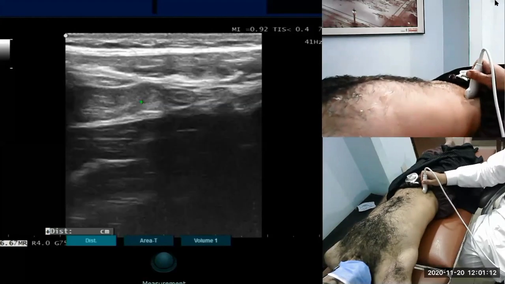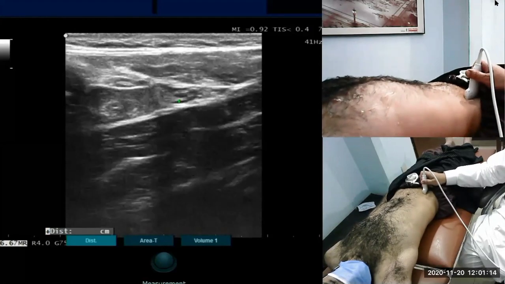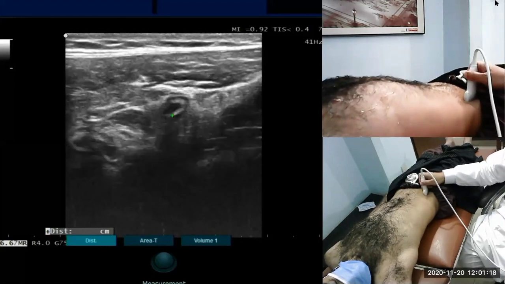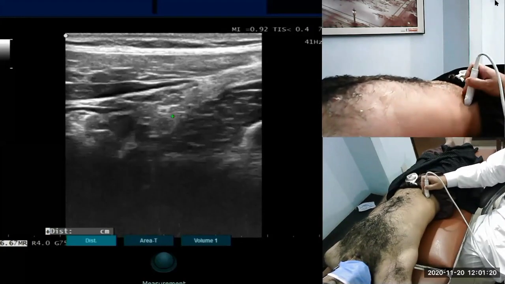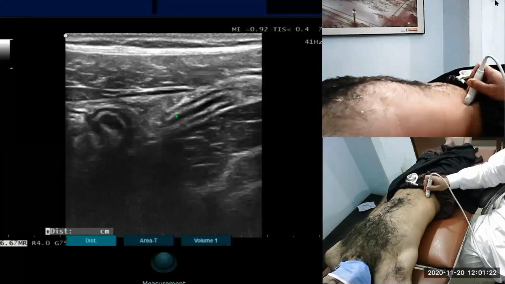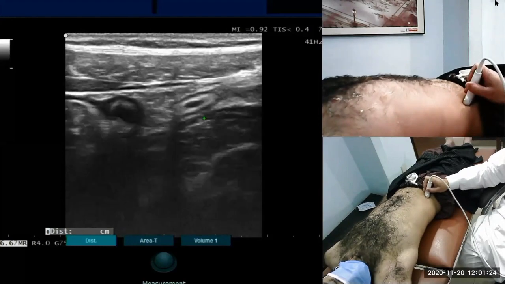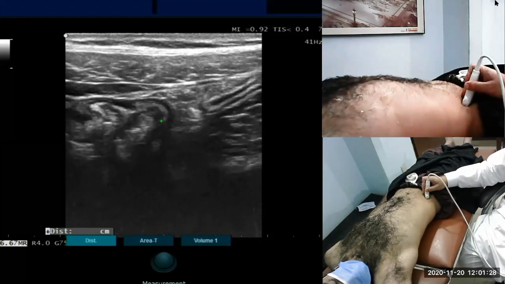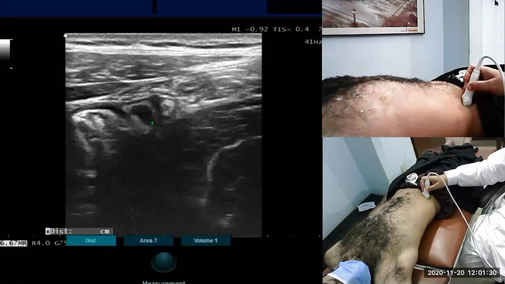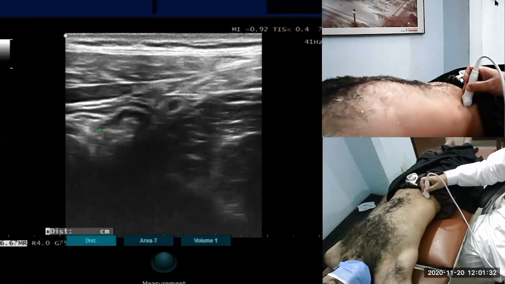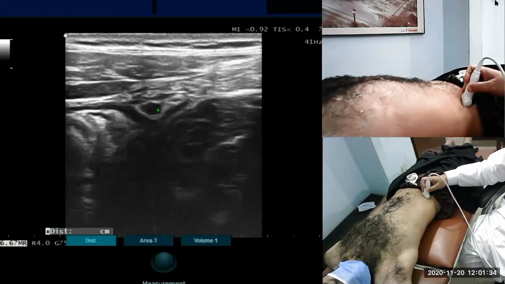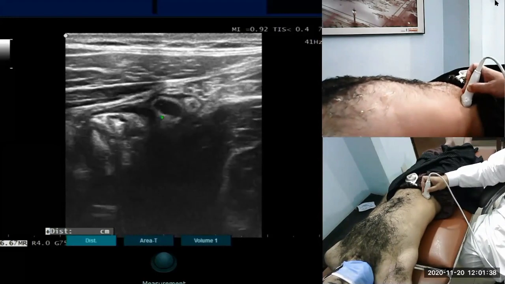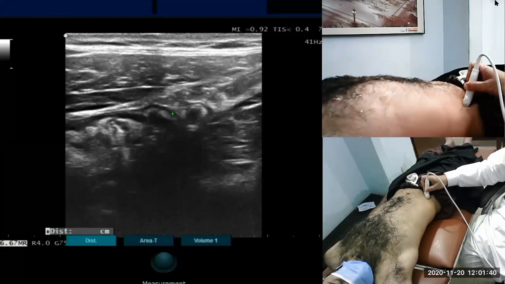And therefore, by chance, you can appreciate this appendix, which is normal. There we are. The appendix is visible. This is the appendix going into the cecum there. This is the cecum, and there you see the appendix going in.